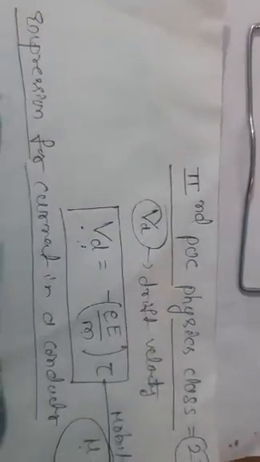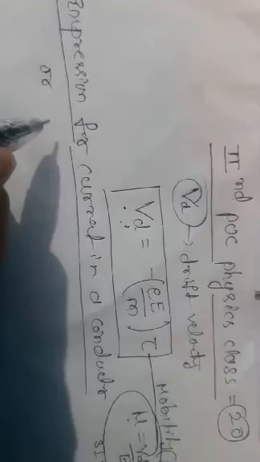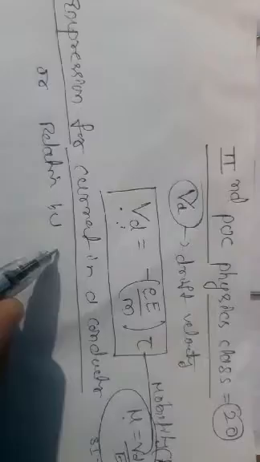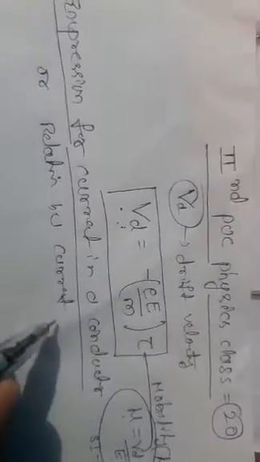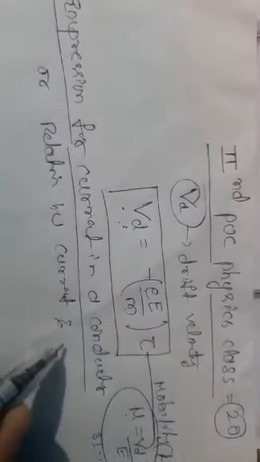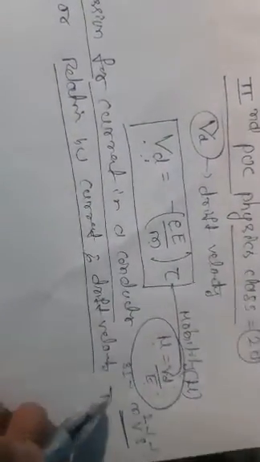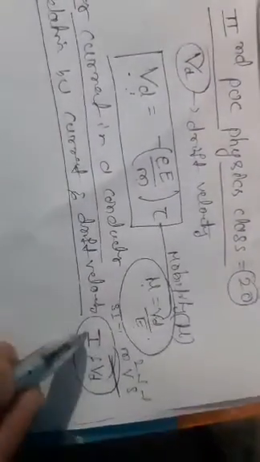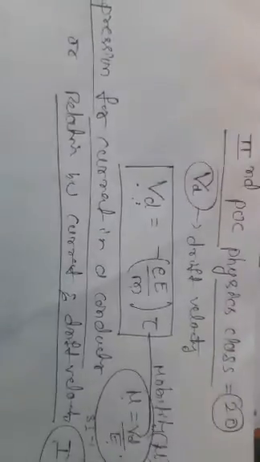What is the expression for current in a conductor, or what is the relation between current and drift velocity? The symbol of current is capital I, and the symbol of drift velocity is Vd. What is the relation between I and Vd? Or, derive the expression for current in a conductor.